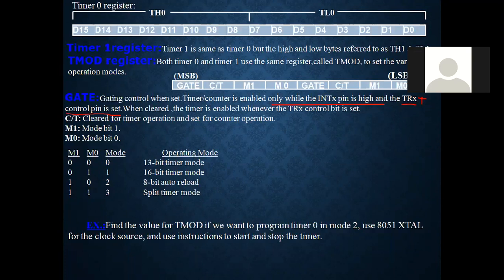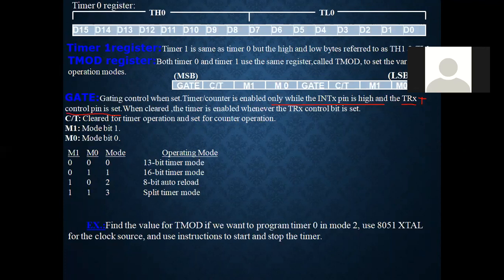plus 256 minus TLX. Okay, now I am closing the brackets, divided by the crystal oscillator frequency, and this is multiplied by 12.